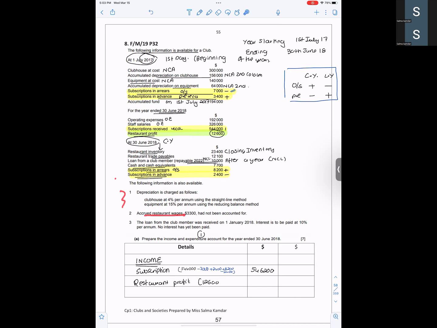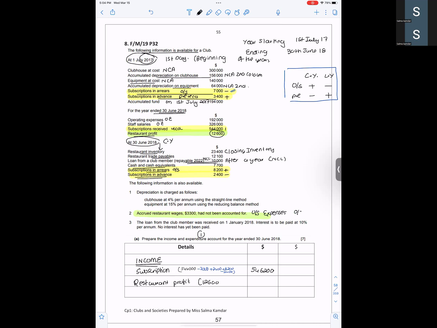Accrued restaurant wages had not been accounted for. So that means there was outstanding wages of the restaurant, outstanding expenses of the restaurant, which I did not account for.